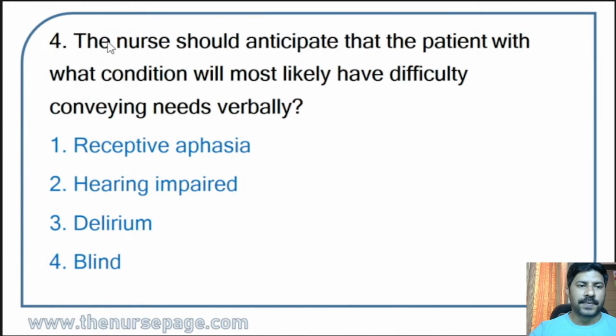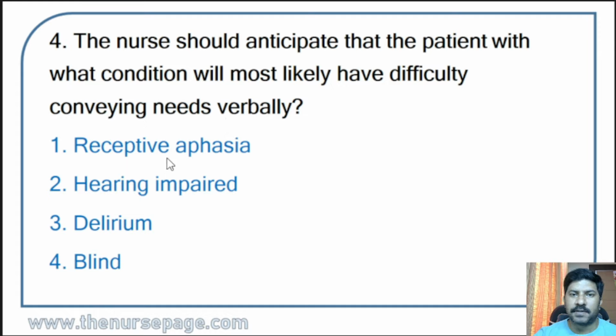Next question. The nurse should anticipate that the patient with what condition is most likely to have difficulty conveying needs verbally. So you need to understand this question, then only you can answer. Here the important term is difficulty conveying needs verbally.